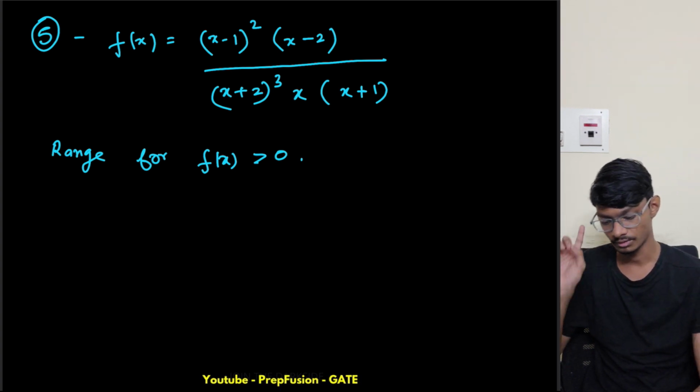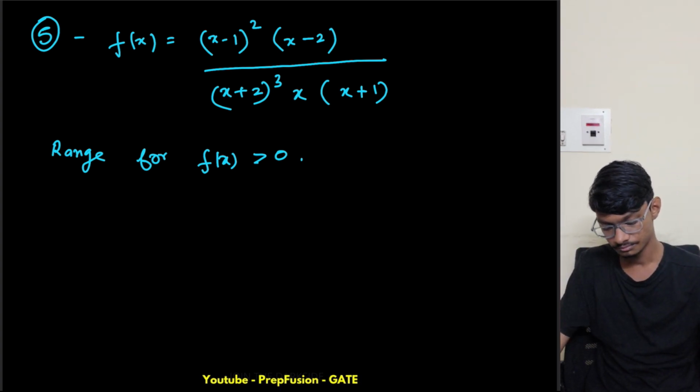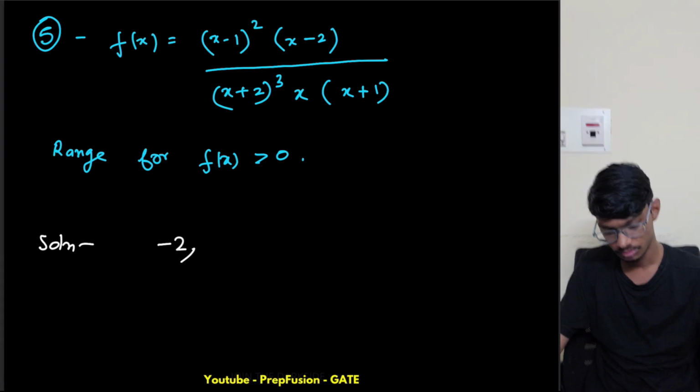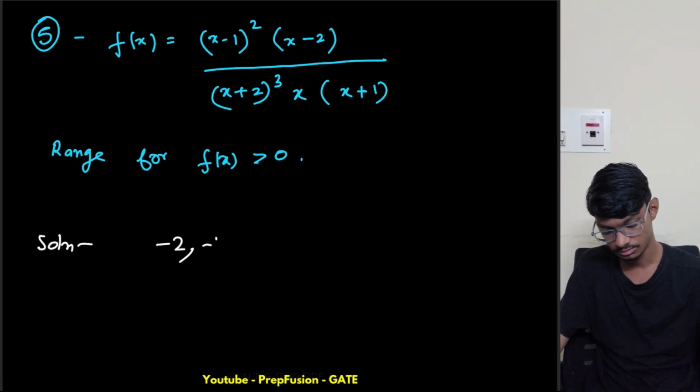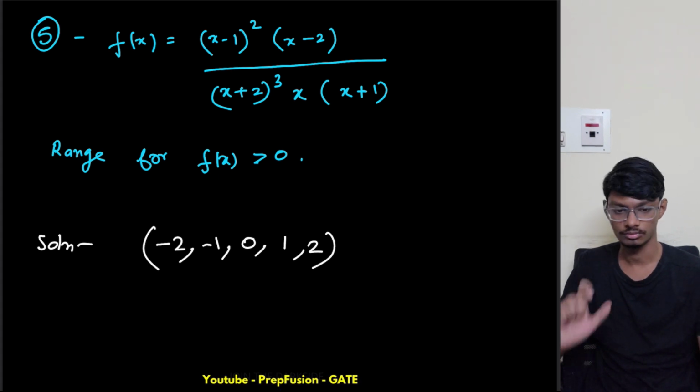How I'll explain: first, let me write the corner points. Corner points are -2, -1, 0, 1 and 2. These are the corner points, right?